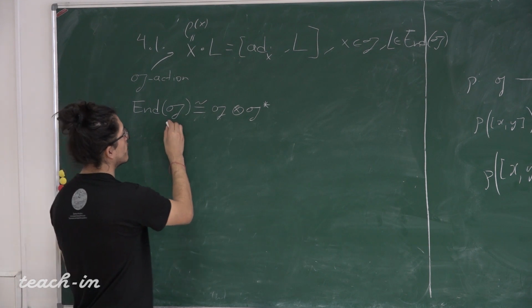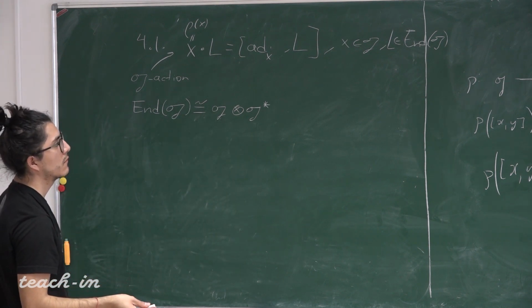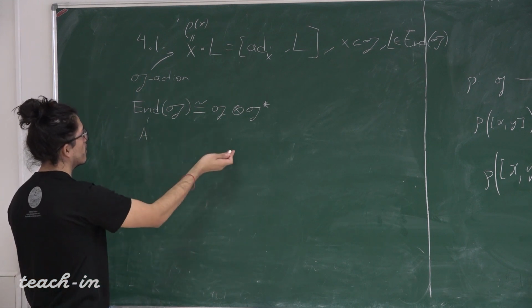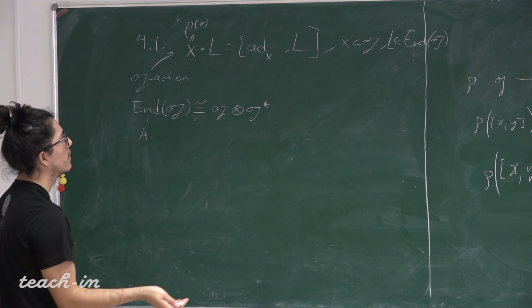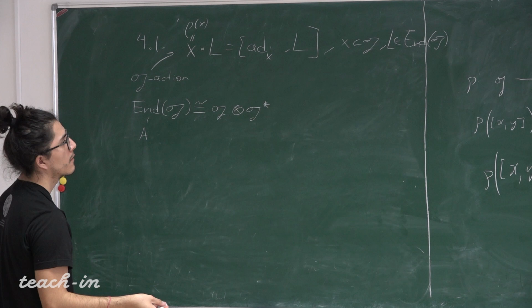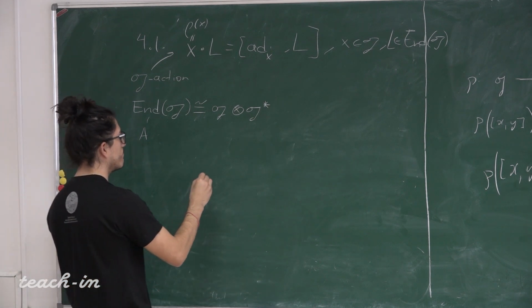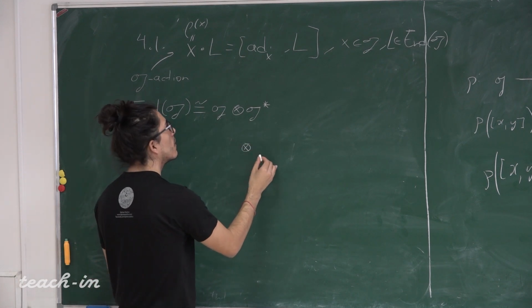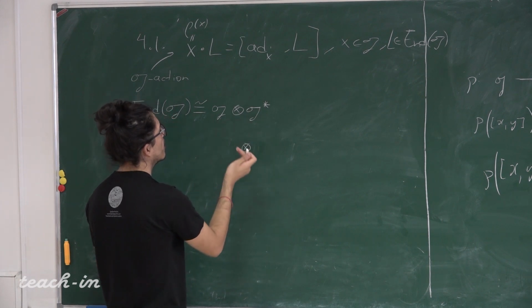I got the identification, but after that, I take an element here, and I can rewrite it as an element here. So how do you write? So if you have A, we take bases here and here.